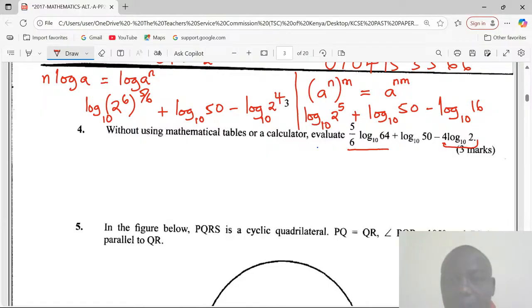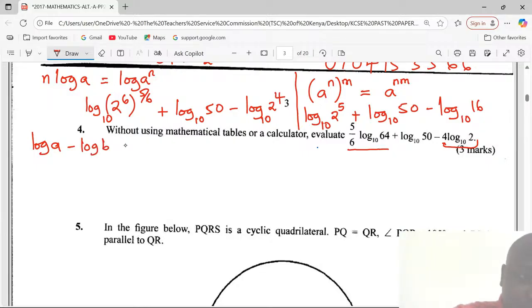Now at that point, we can get back to the basic laws: the logarithm of a number minus the logarithm of another number, as long as the base is the same, is solved as log of a over b. The first law says that the log of a plus the log of b is the same as the log of a multiplied by b.